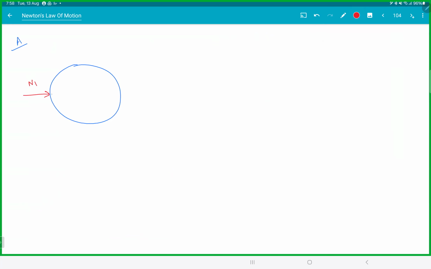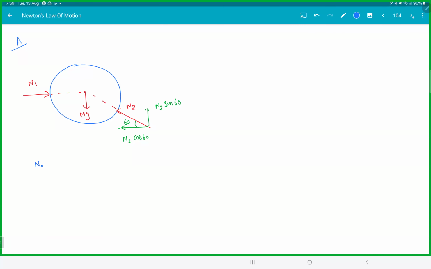This is N1. This is mg. This is N2. This angle is 60. So this would be N2 cos 60. This would be N2 sin 60. So vertically, they should balance out.